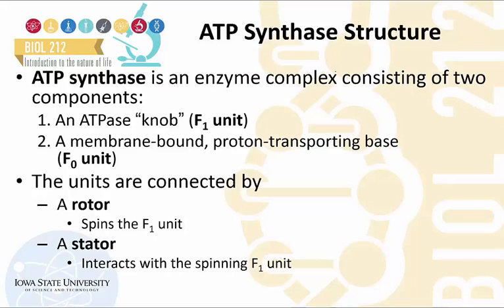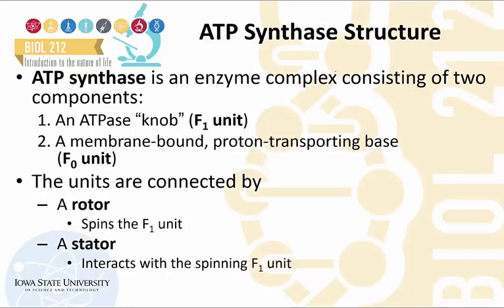The F1 unit, known as the knob, has ATPase activity, whereas the F0 unit is a membrane-bound proton-transporting base, which enables protons to move from the intermembrane space back into the mitochondrial matrix. These units are connected by a rotor that spins the F1 unit, that spins the knob, and a stator, which interacts with the spinning F1 unit.